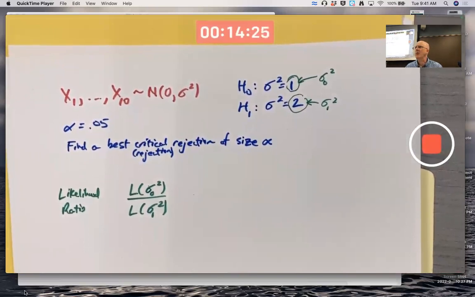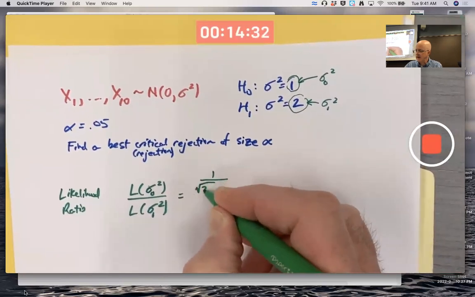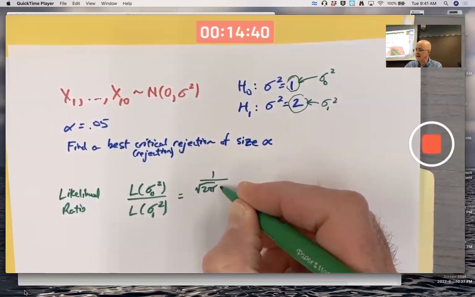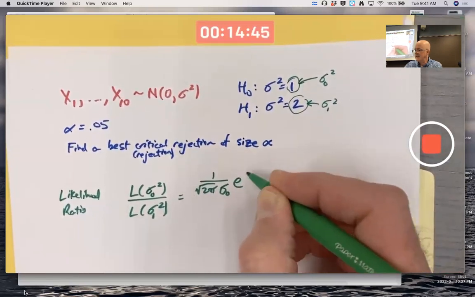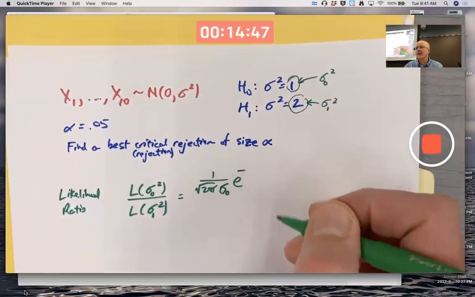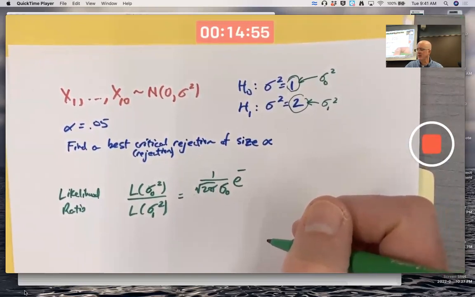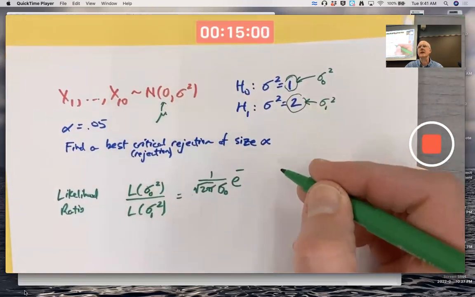We need the PDF for a normal. We used that in last Thursday's example: 1 over the square root of 2 pi times the standard deviation, not the variance down here, standard deviation sigma sub 0, times e to the negative (x minus mu) squared over 2 sigma squared. But mu here is 0, to keep things a little simpler looking.